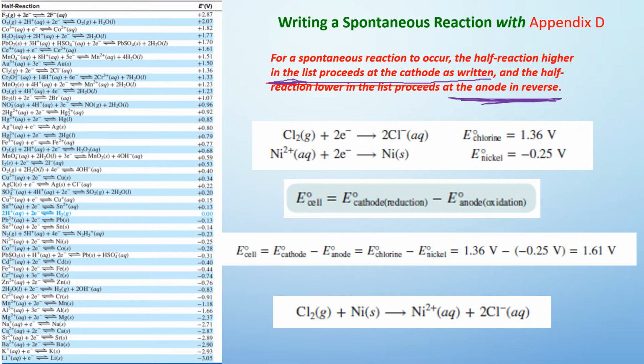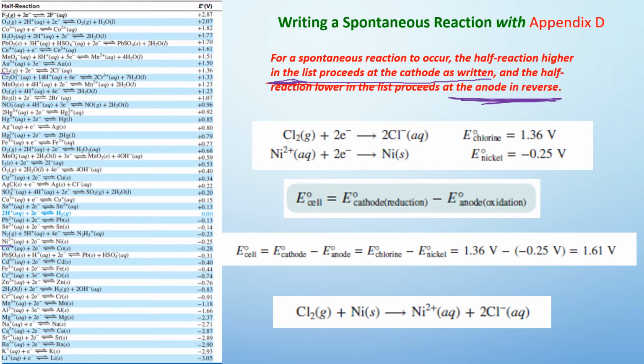So for example, let's pick two half reactions, both in the form of a reduction in this appendix. The first is chlorine to chloride, right here. And second is nickel 2+ to nickel, which is somewhere around here.